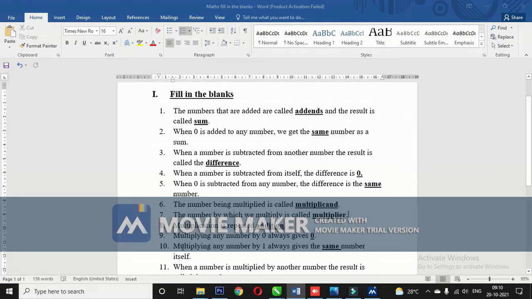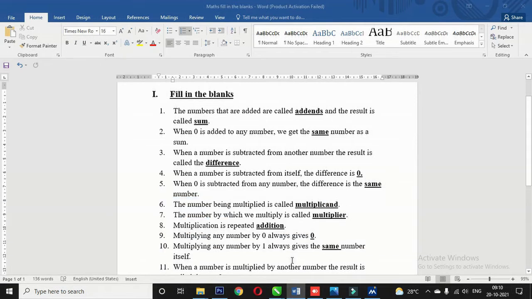Then the 10th question, multiplying any number by 1 always gives the same number itself. For example, 1 tens are 10.